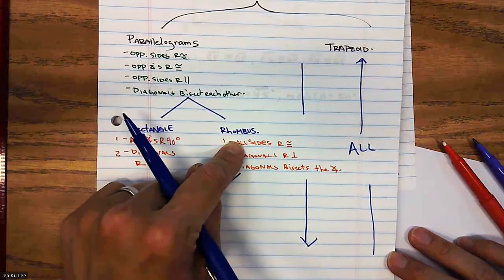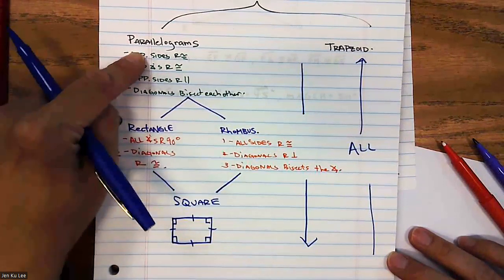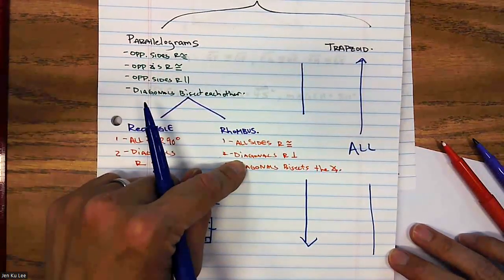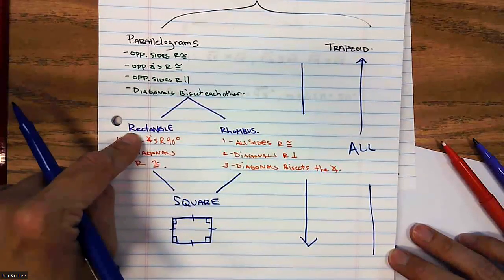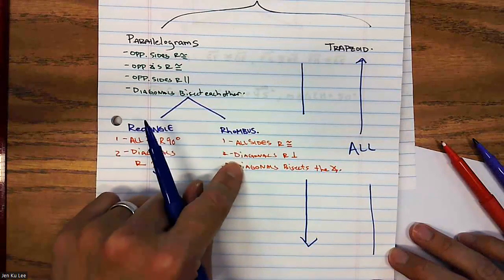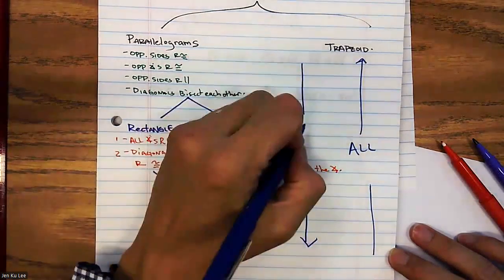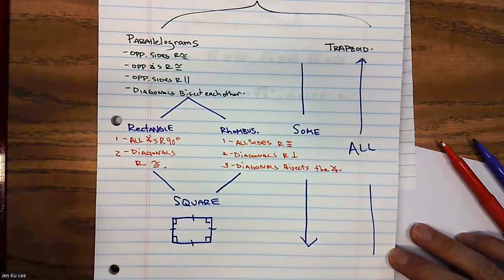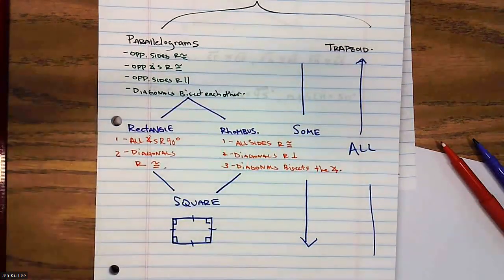Or some is better, huh? Some parallelograms are rectangles, some parallelograms are rhombuses, some rectangles are squares, right? Some rhombuses are squares. I'm gonna put some. Okay? So knowing that difference will help you out as well.